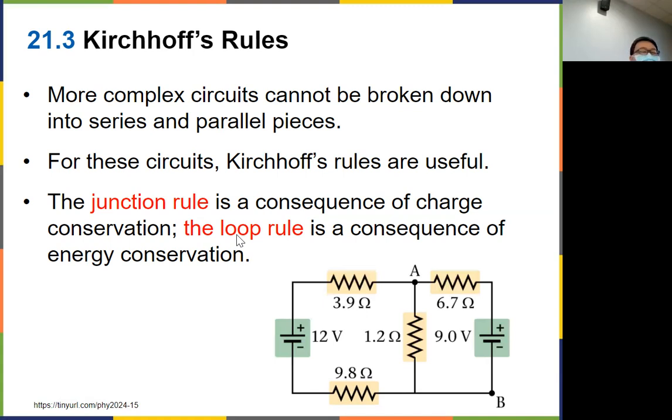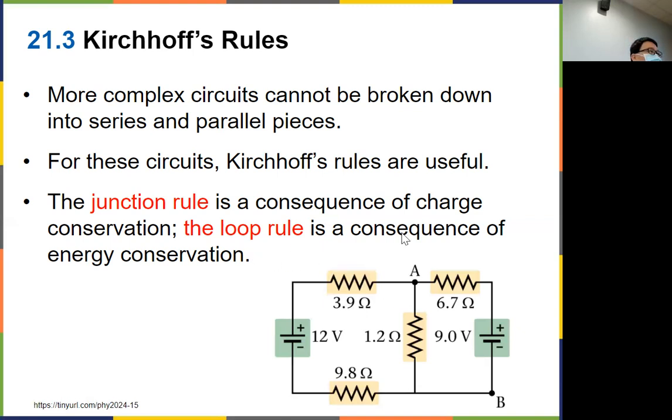The junction rule is basically a consequence of charge conservation. Current is charge flow. When current goes into a junction, it will split into two, one into this branch and one into that branch. The current going into a junction will equal the current going out of the junction. That's basically the junction rule.